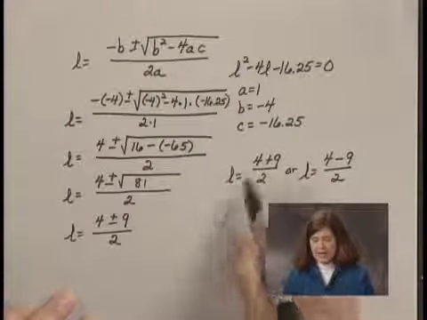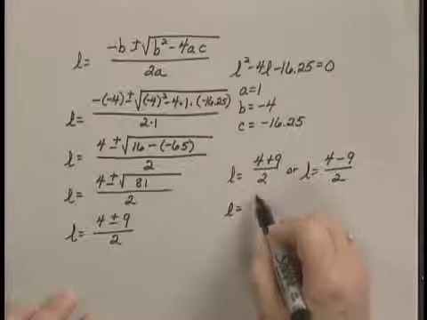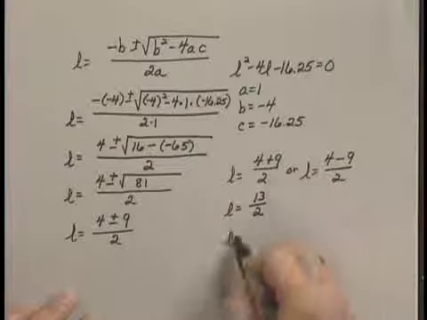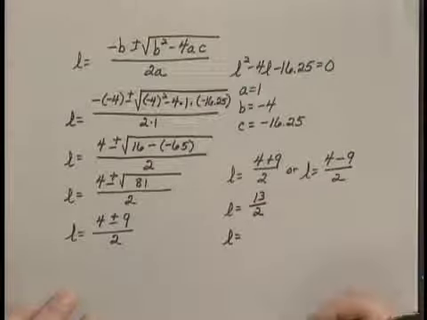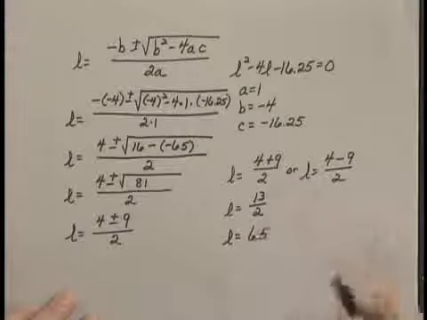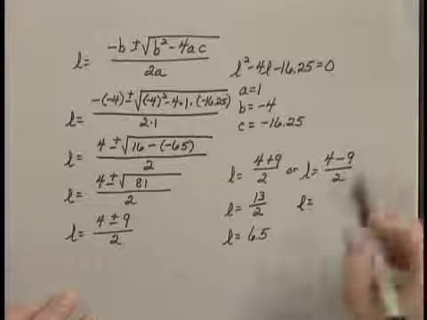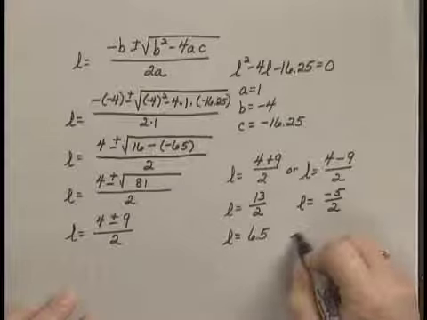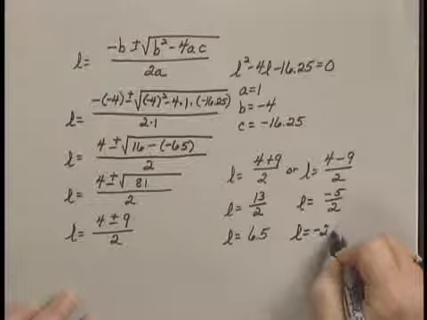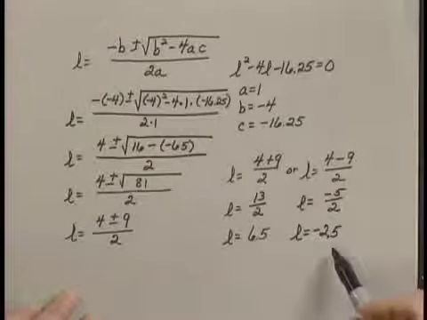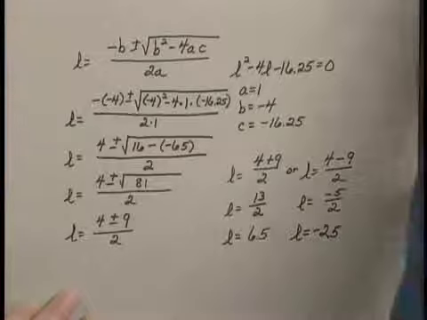In this case, I have L equals 13 over 2, or since we had 16.25 in decimal notation, I'll write this in decimal notation, 6.5. Here I have L equals negative 5 over 2, or L equals negative 2.5. So I have two possible solutions for L, which as we recall is the length of the rug.